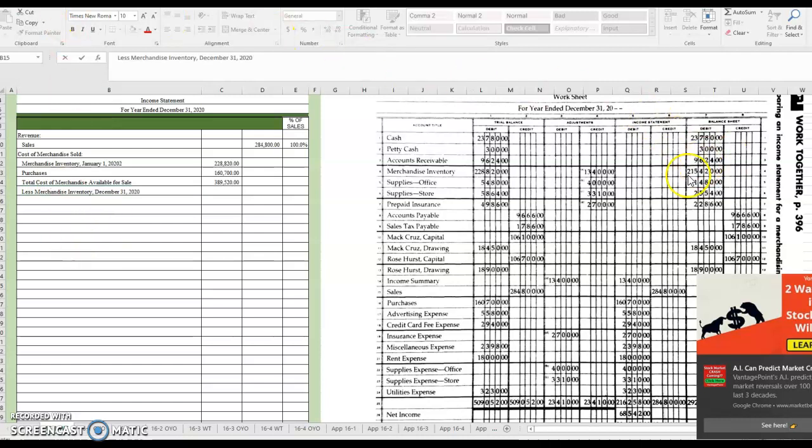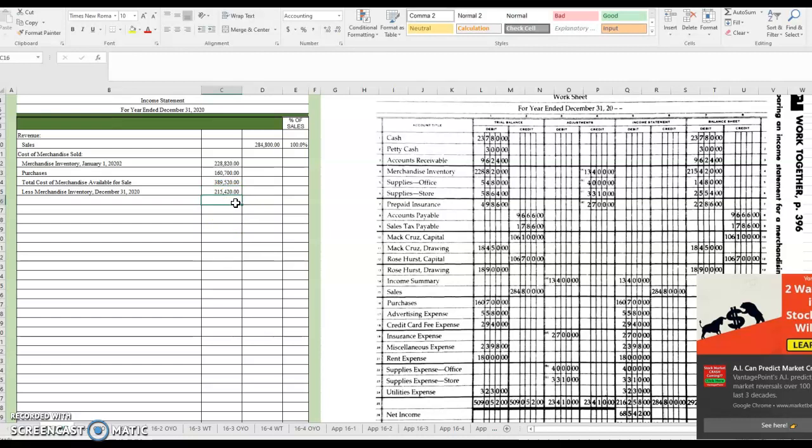So my merchandise inventory at the end of the year is over here, which was the beginning of the year minus the adjustment. So when we calculated our inventory at the end of the year, we came up with $215,420, and that's how we knew what our adjustment was to inventory. So we're going to subtract that.